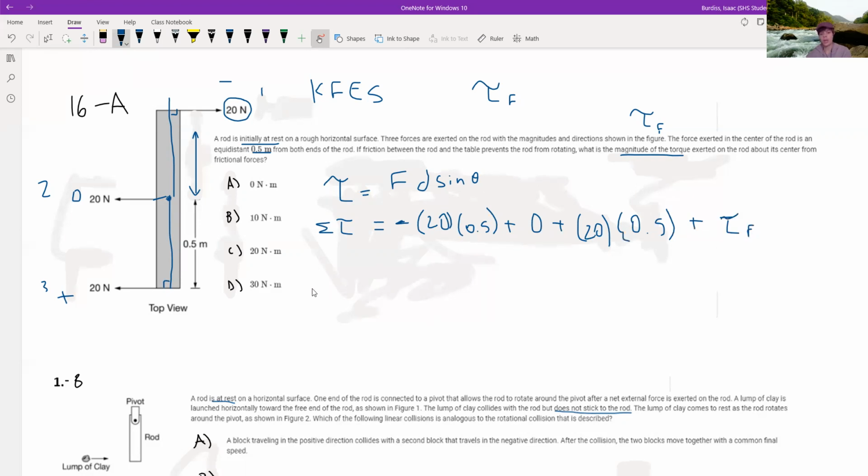And if we rearrange that, we would add this one to the other side and subtract the other one.